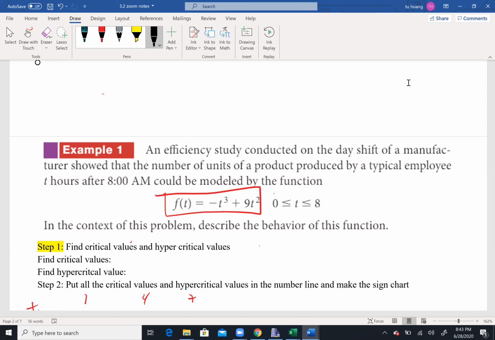In the context of this problem, describe the behavior of this function.